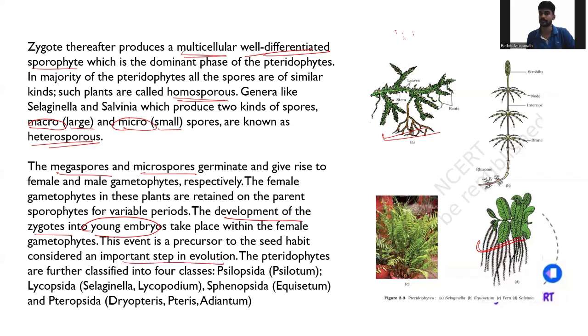Then the pteridophytes are further classified into four classes. The first class is Psilophyta, and an example is Equisetum.